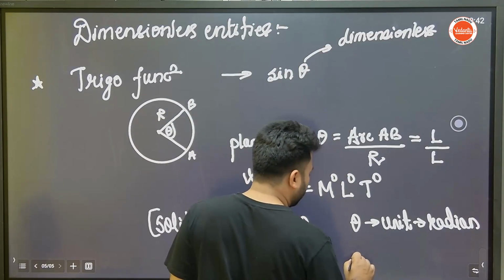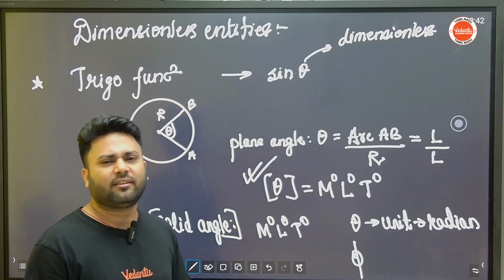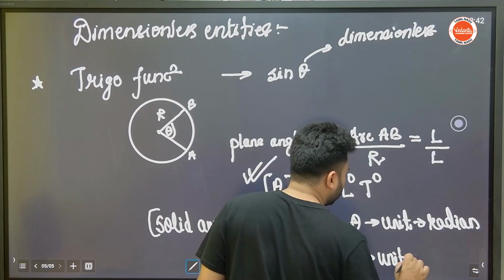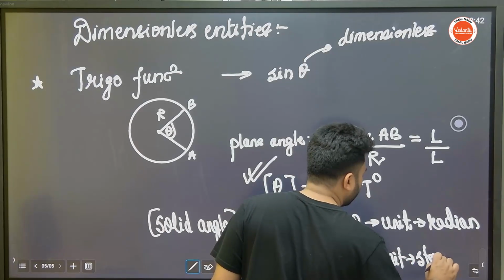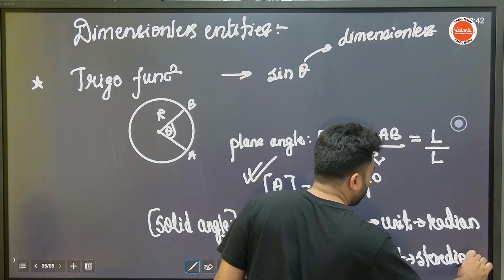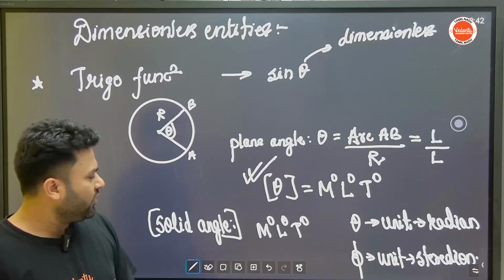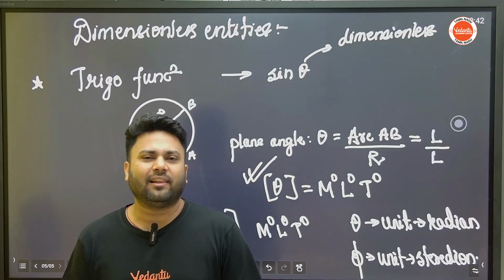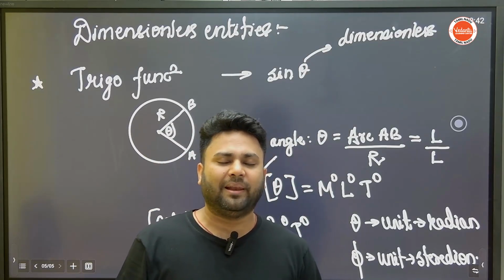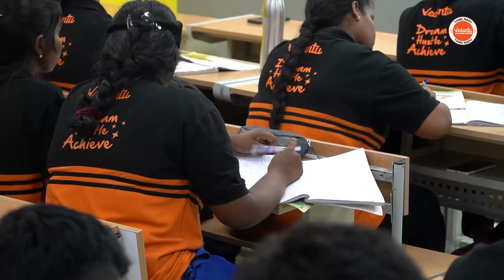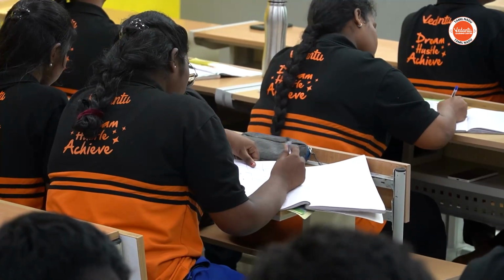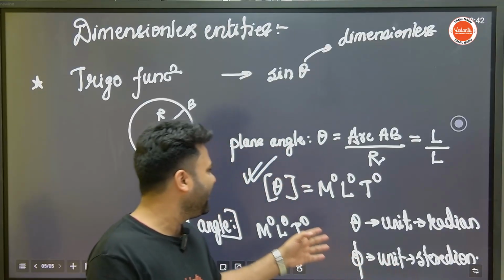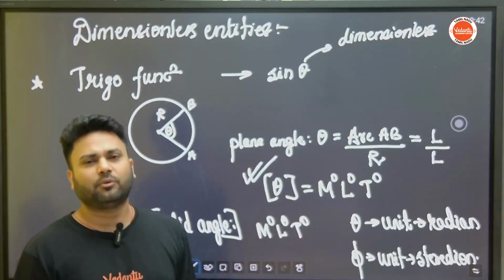Similarly, for solid angle, phi, its unit is steradian. So plane angle unit is called radian and solid angle unit is called steradian. But do they have dimension? No, they are dimensionless. M0 L0 T0.